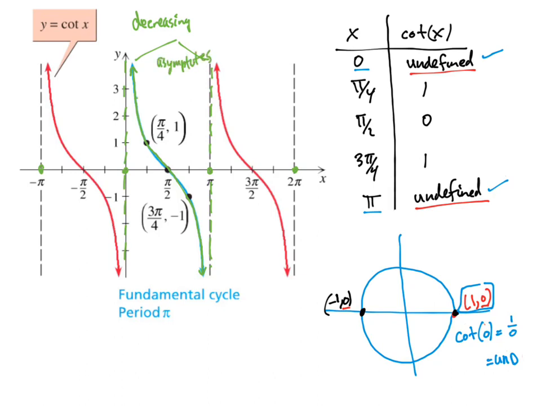And then one thing to note is that the fundamental period, or in other words, the first period, begins at 0. So this is also more in line with all the rest of the trig functions. The first period for the parent function is always beginning at 0. The only one, again, that does not begin at 0 is tangent.